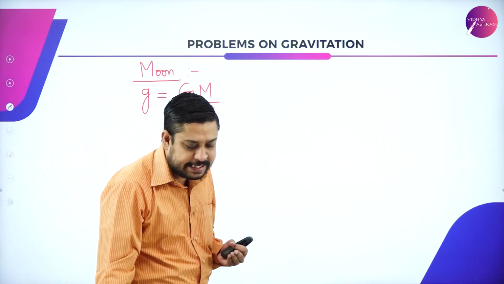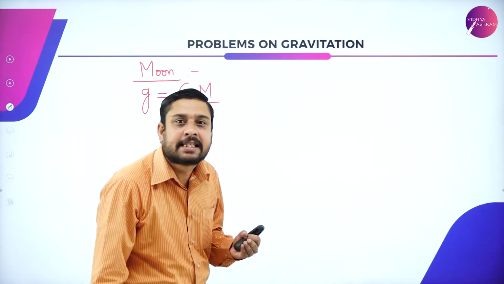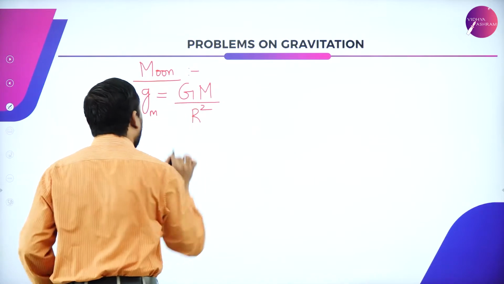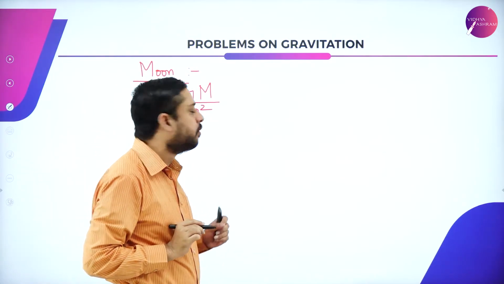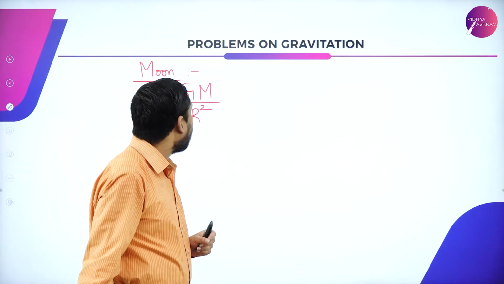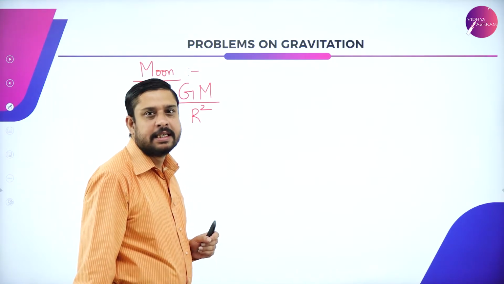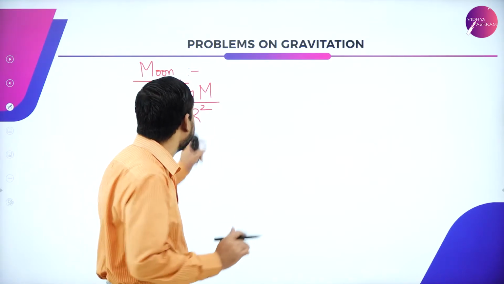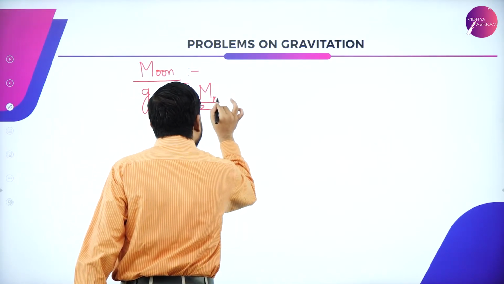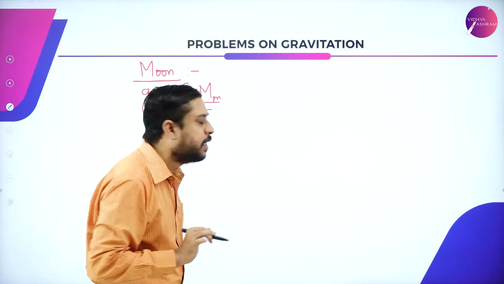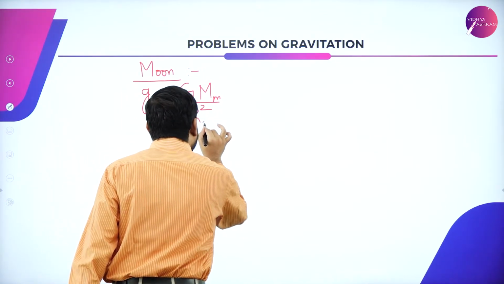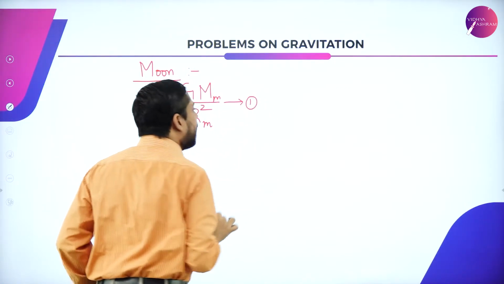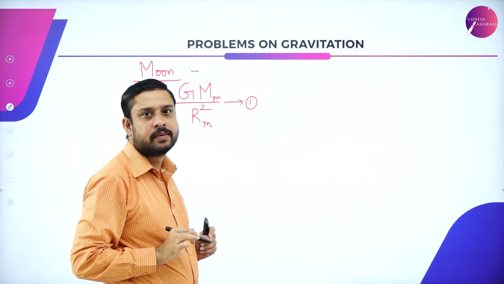What is small g? It is acceleration due to gravity on the surface of the moon. Capital G is nothing but the gravitational constant. This is the mass of the moon, and this is the radius of the moon. I call this equation 1.